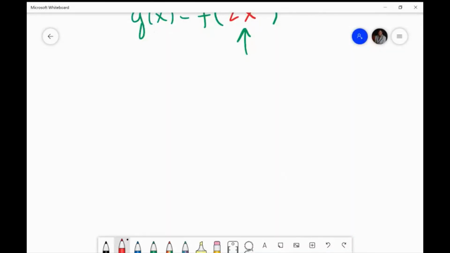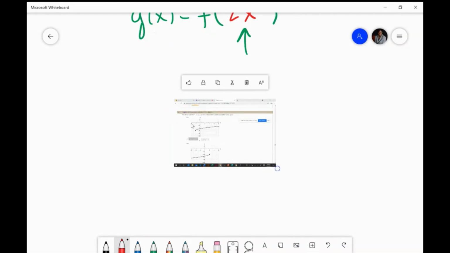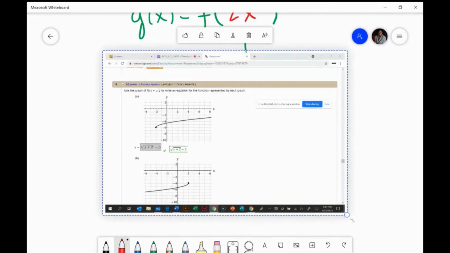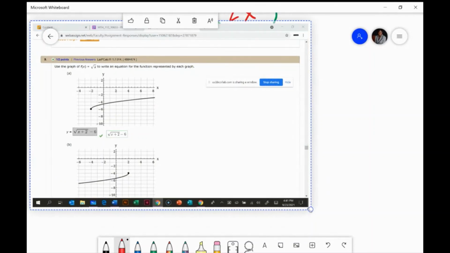Hold on. Kind of want to crop it, but that's all right. All right, here we go.